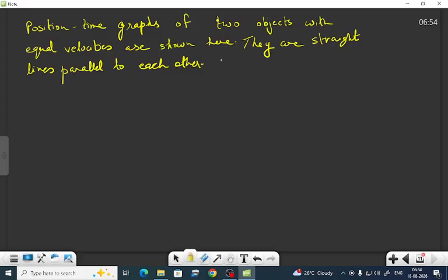If VA is equal to VB, then the relative velocity VAB is equal to VA minus VB, that is equal to 0, right?